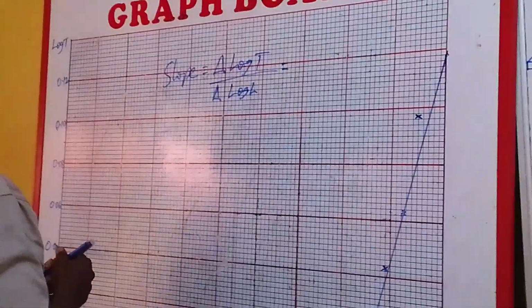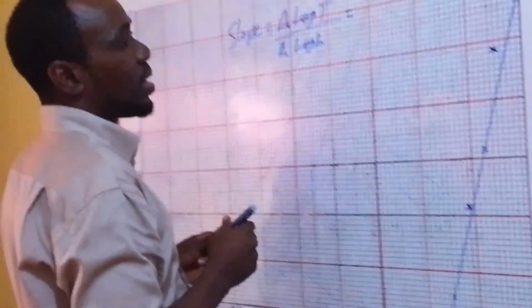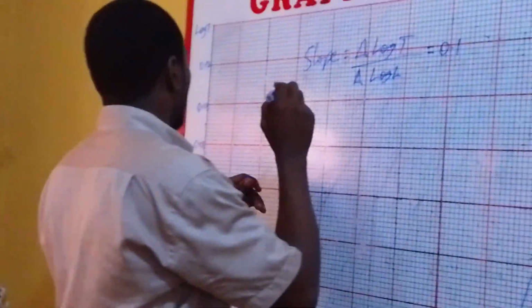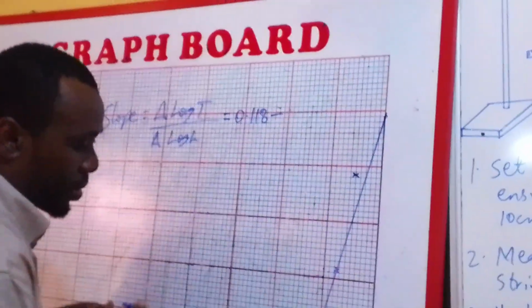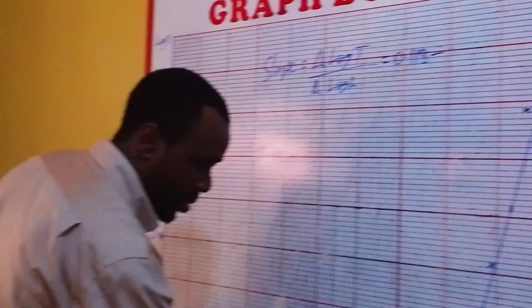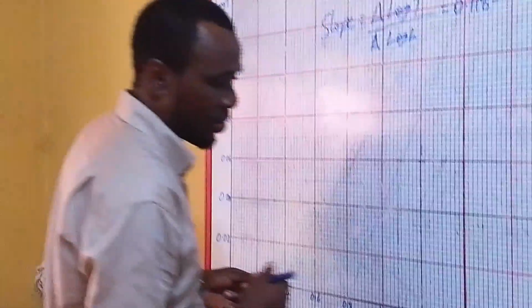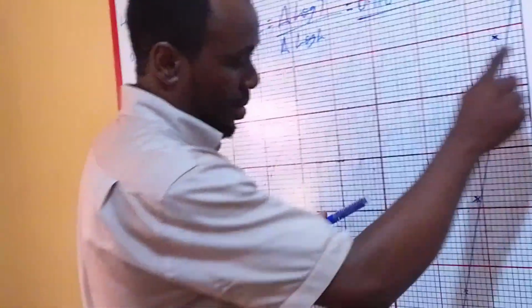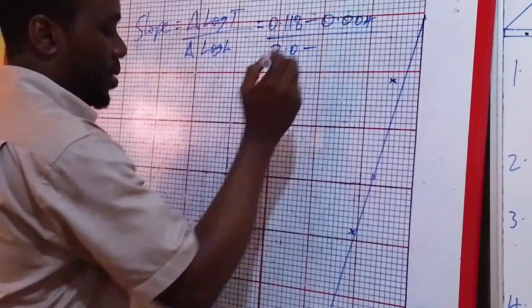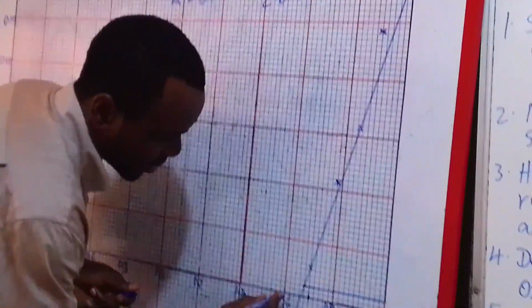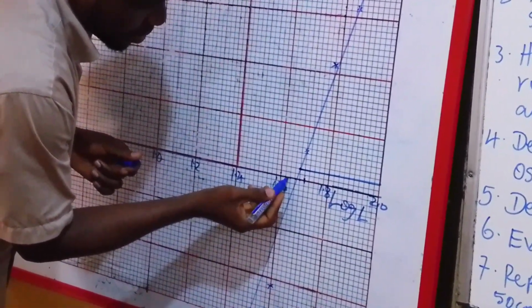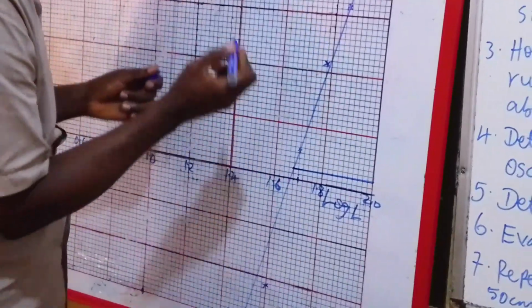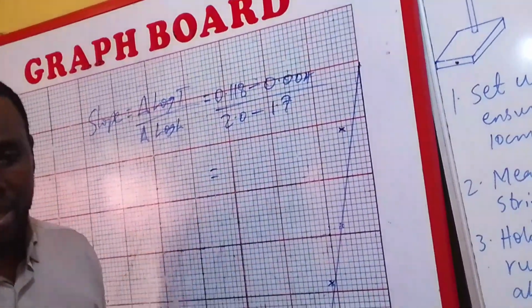This is 0.118. 0.118 minus here is 0.004. 0.004 over this one, which is 2.0, minus here is 1.62, 64, 68, and then 1.7. So here is 1.7.